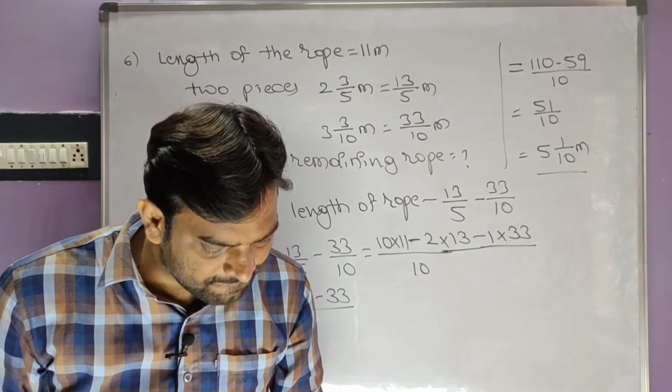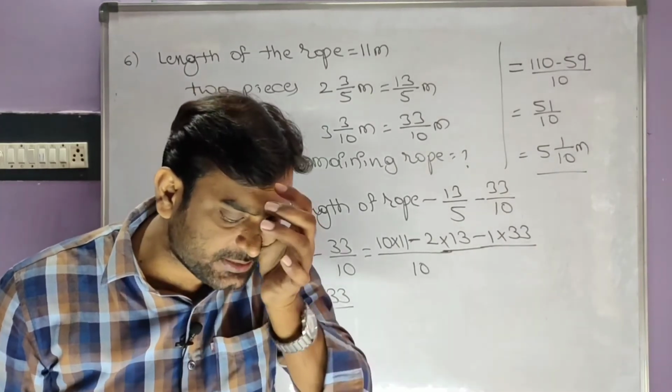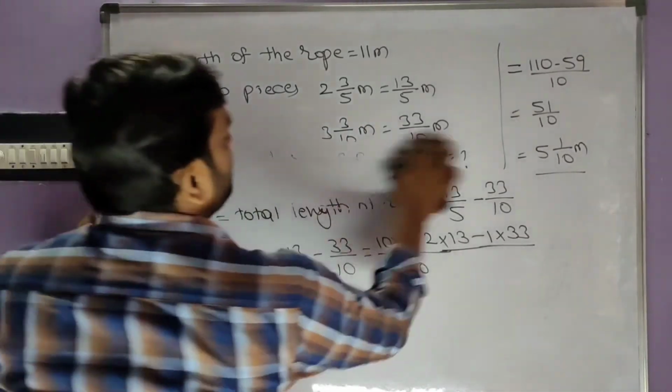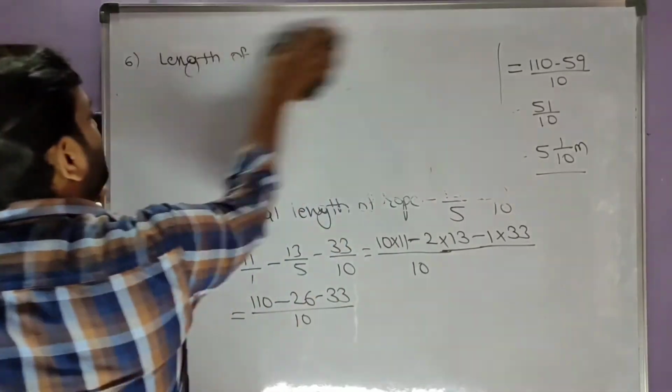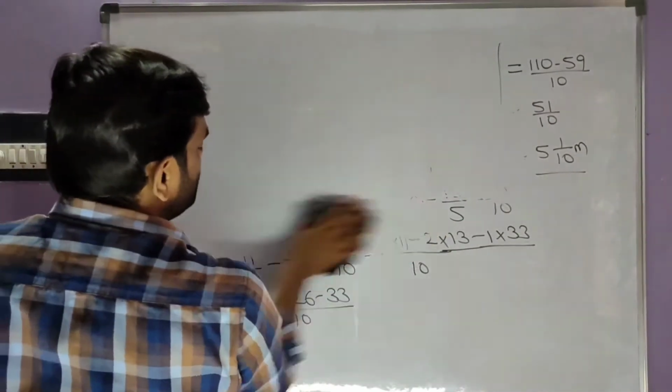The cost of 7 2 by 3 meters of cloth is 12 3 by 4 rupees. Find the cost per 1 meter. Given cost for 7 2 by 3 meters.